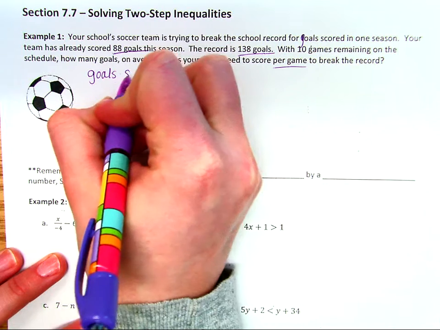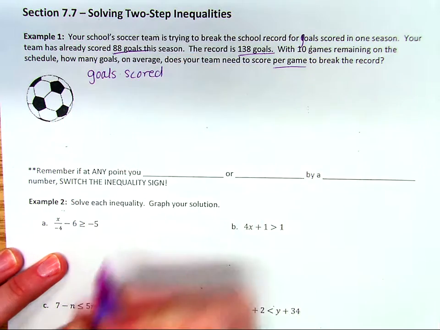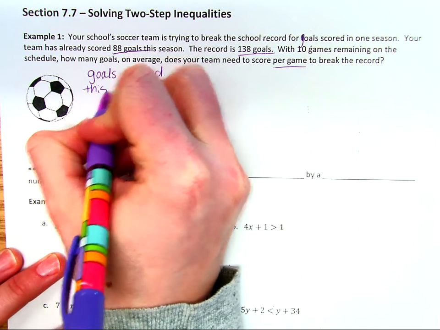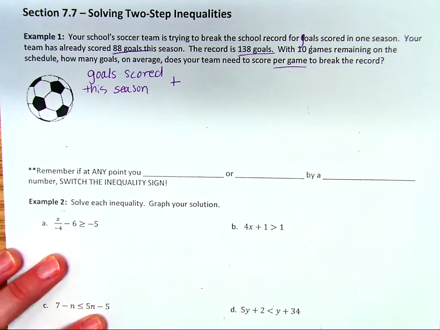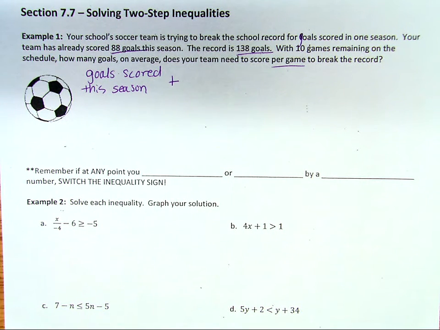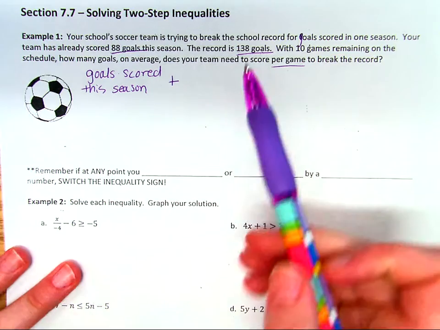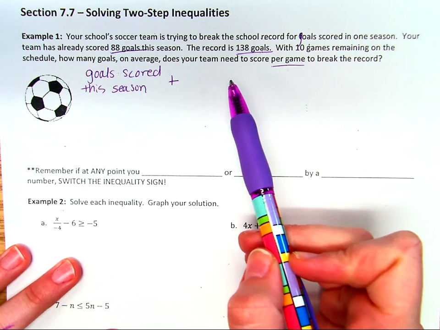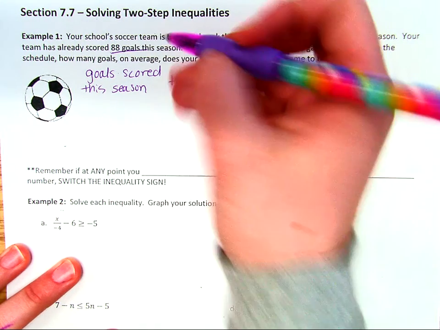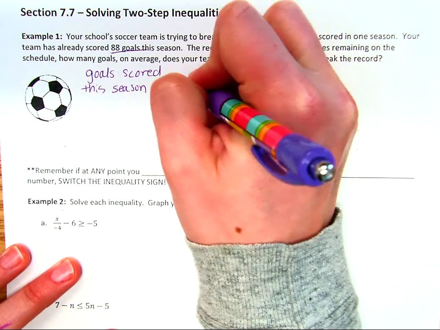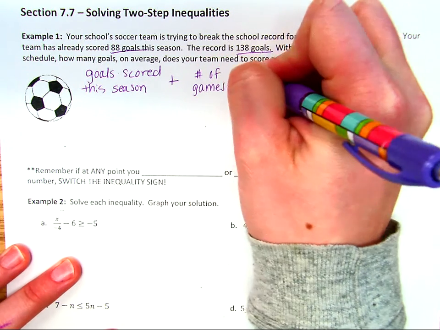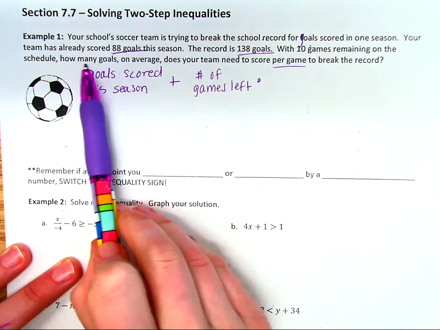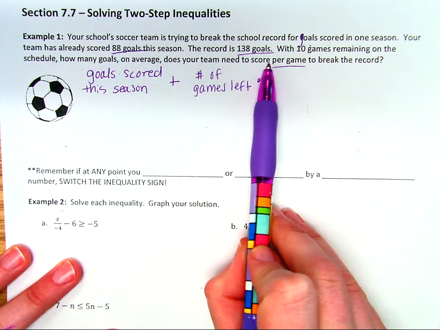So the goals scored this season plus, now how am I going to get this number of goals scored the rest of the season? Well, I know I have a certain number of games left. So I'm going to say the number of games left times, now I'm looking for the number of goals I'm scoring per game.